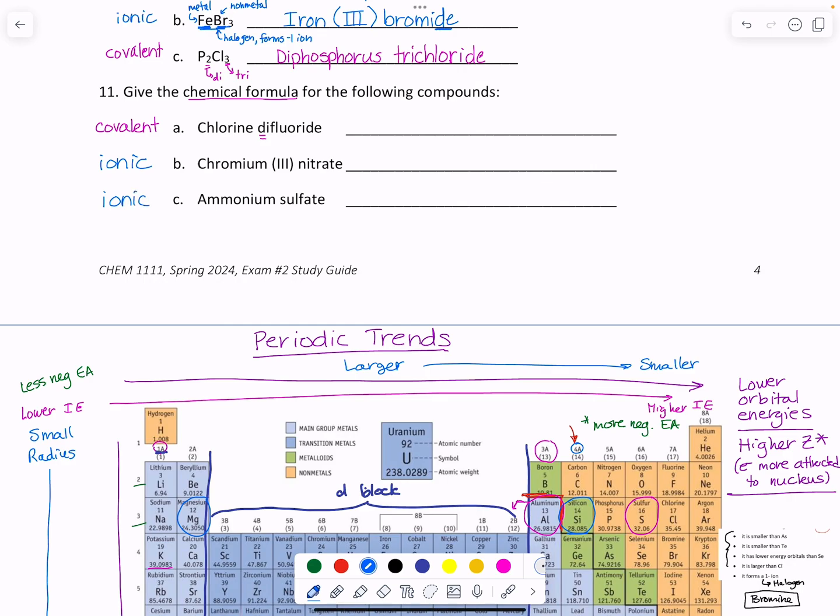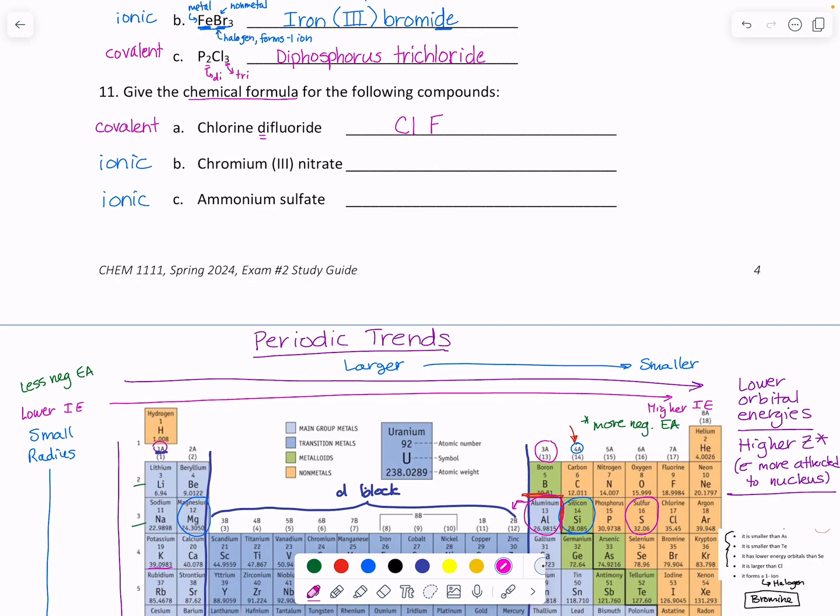So let's start by trying to write the formula for chlorine difluoride. I'm going to start with each of these by writing the chemical symbol for the elements. So I've got Cl for chlorine and F for fluorine. Now I use subscripts to indicate how many of each atom type there are.